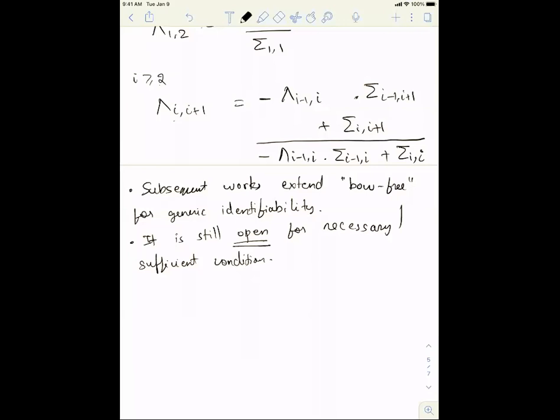For LSEMs, it's not clear that even with these subsequent characterizations, if the graph doesn't hold such a property, it is always not generically identifiable. All of these are just a bunch of sufficient conditions, and each one is slightly weaker than the prior work.